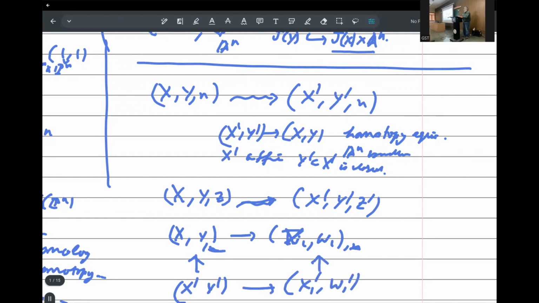Okay. And such that everything is now, these are affine and this is the closed subscheme, etc. So what will you do? Basically, the idea is that you would be able to replace everything. You would be able to replace the last one, X1, W1 by affine. That's not a problem.